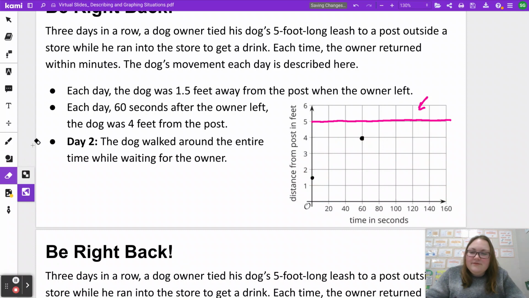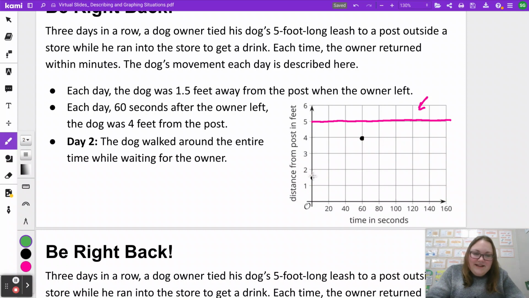What about if my line did this? I started it similar to the other one, right? So this is the dog walking away from the post. Now this is the dog coming back to the post. What's happening here?